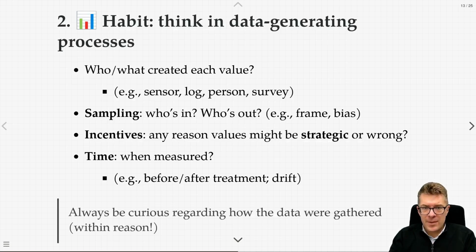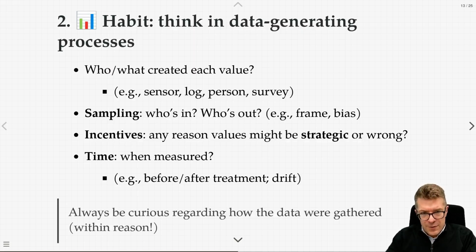How did we do the sampling? Who did we sample? Who's in the sample? Who is outside of the sample? Is there any framing of the sampling, or is there any bias that might translate into the decision-making process and potentially give us responses or interpretations that are incorrect?